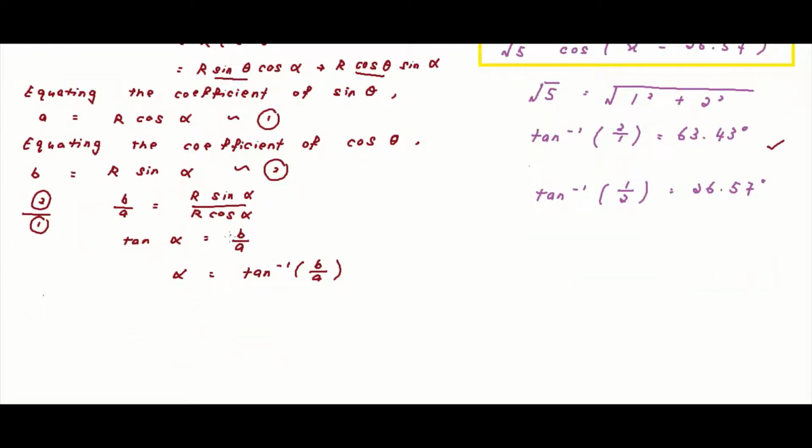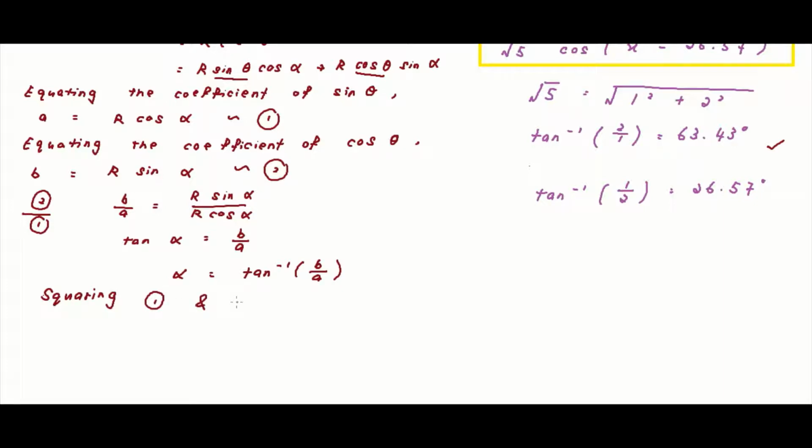Even though we have B and A, our alpha is a variable also, right? So we must think of a way to eliminate both. How can you actually do that? Let us square equations 1 and 2.